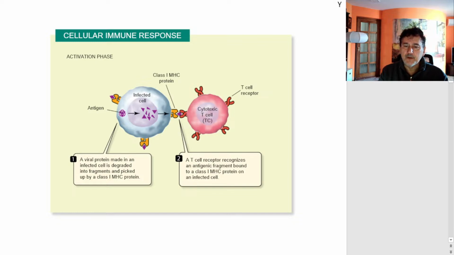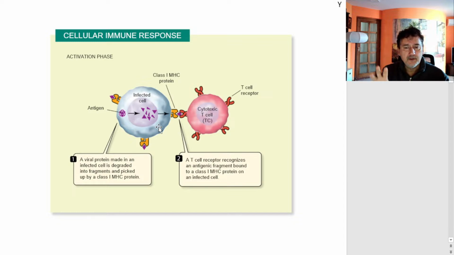The cytotoxic T cells approach not only the infected cells but every cell, because from a large distance it is unknown which cell is infected and which one is not.